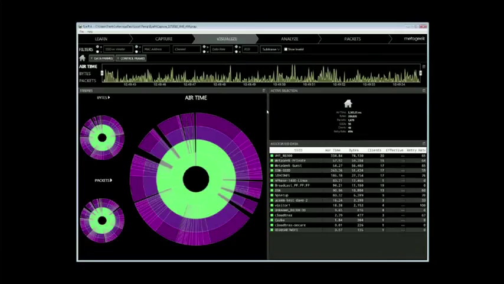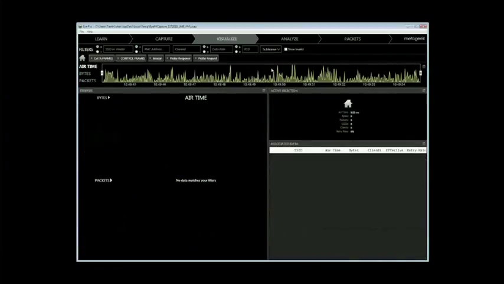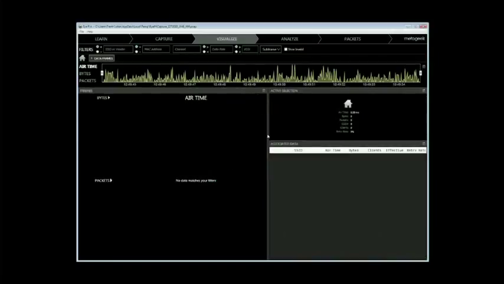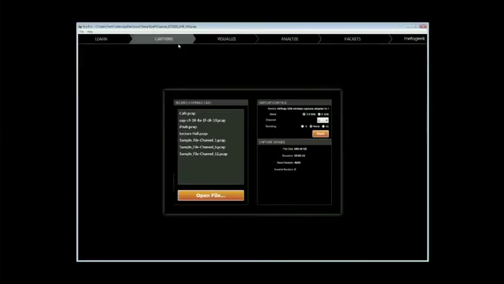Because roaming is basically joining and leaving a network. So you leave one access point, you join another. That means we can get rid of a lot of the beacons, the probe responses and probe requests, and then the action frames. Now IPA says there's no data that matches our filters, so we're unlucky. That's fine. I'll turn these back on and we'll go through a different capture.